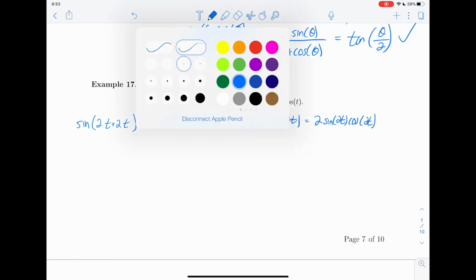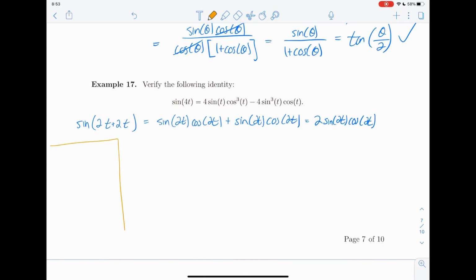Which, by the way, parenthetically, there was yet another way that one could have started this. You could have written sine of 4t as simply sine of 2 times 2t, but that's just an angle in and of itself like alpha, so this is the same as sine of 2 alpha, which we know by the double angle formula is equal to 2 sine of alpha cosine of alpha, which, because alpha is equal to 2t, is the same as 2 sine of 2t cosine of 2t, which is exactly where we're at currently.